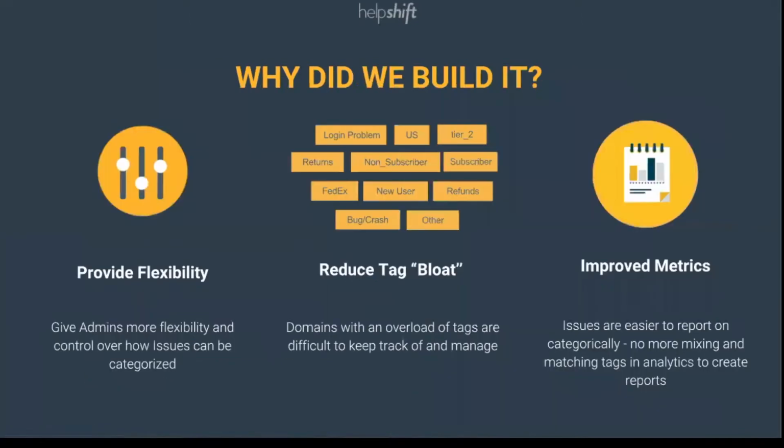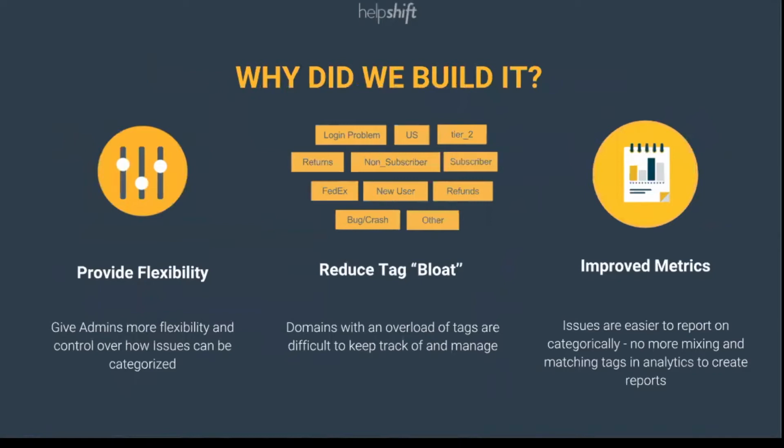So first, let's answer why we built it. To put it very simply, the aim of custom issue fields is to give admins more flexibility and control over how issues in Helpshift can be categorized. The feedback that we were getting from customers is that their domains had an overload of tags. They were bloated, there were too many. And over time, that became cumbersome and difficult to keep track of and manage.